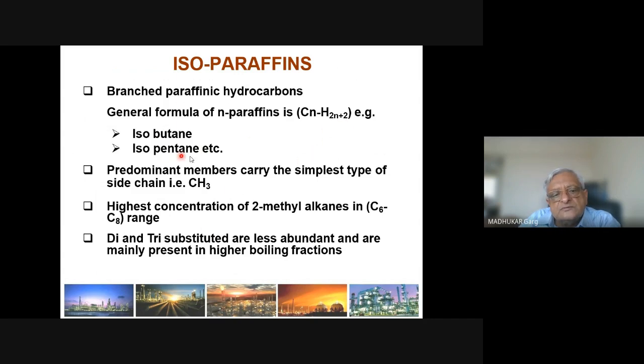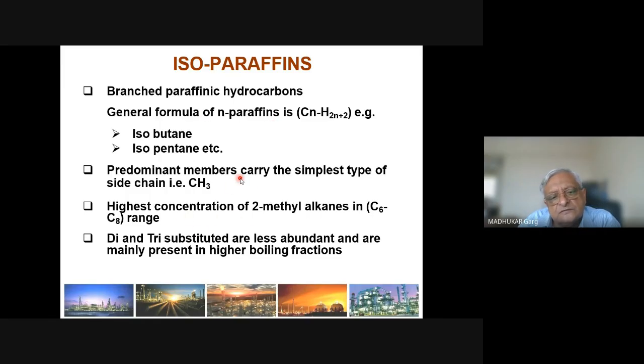Coming on to isoparaffins, which are branched paraffins, the formula remains the same, but it is isobutane, isopentane, where you have a backbone and one of the carbons has a CH3 on it. All these hydrocarbons are based on the quadrivalency of carbon, as you know. You already know that carbon has a valency of 4. So all these hydrocarbons are made in various structures in order to satisfy the quadrivalency of carbon.